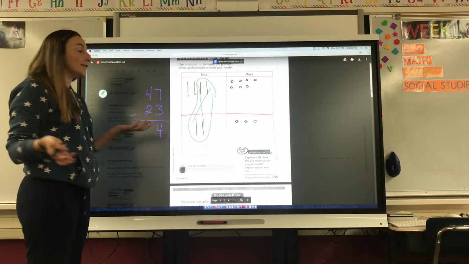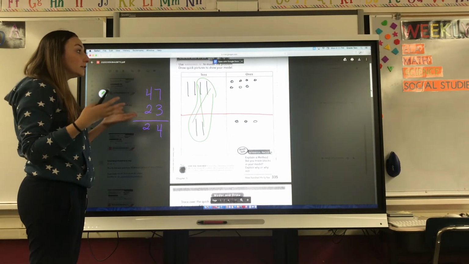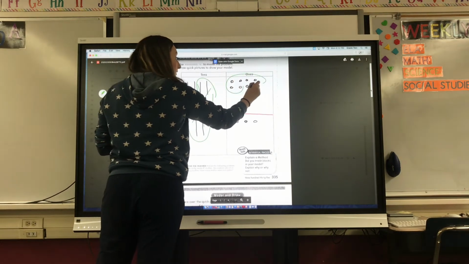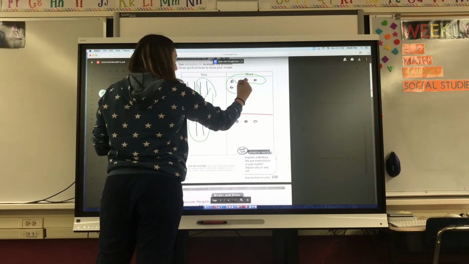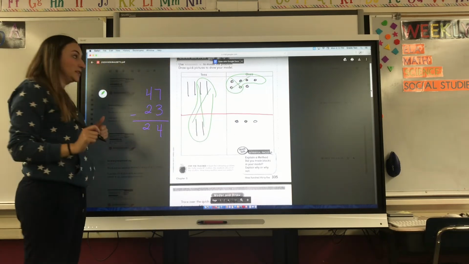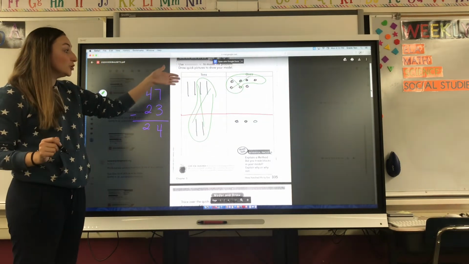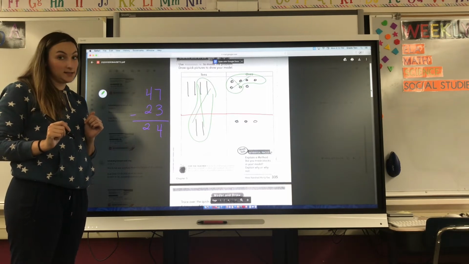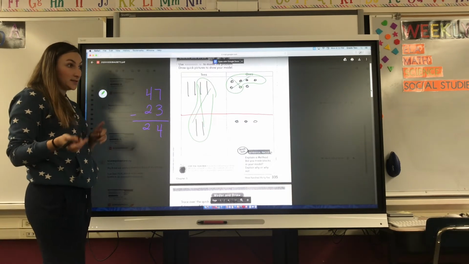I only have 4 ones left. So I'm going to leave 4 ones, but I'm going to circle the rest and cross those ones out. So it shows me that I have 24 left over. Does that make sense? I'm hoping it does.